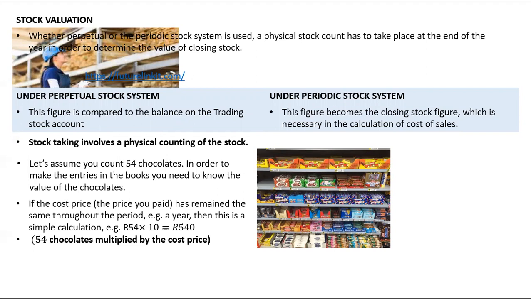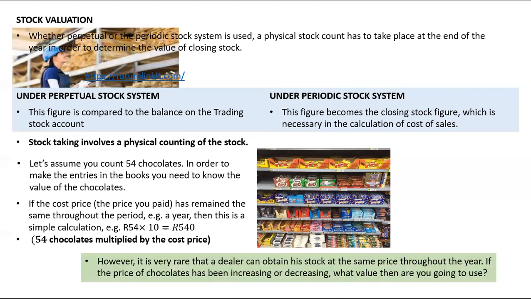In this case, it's 54 chocolates at 10 Rand each. So you'll just multiply 54 chocolates by 10 Rand, and that will give you 540.